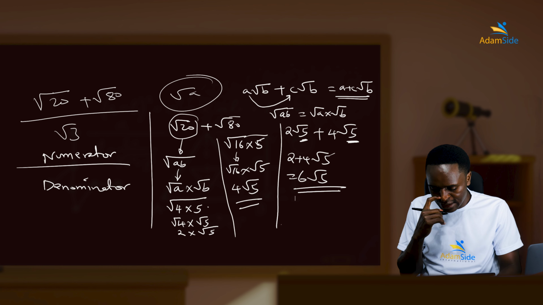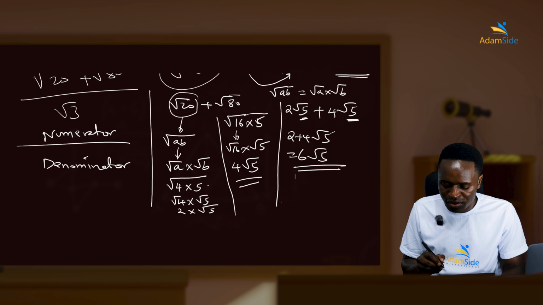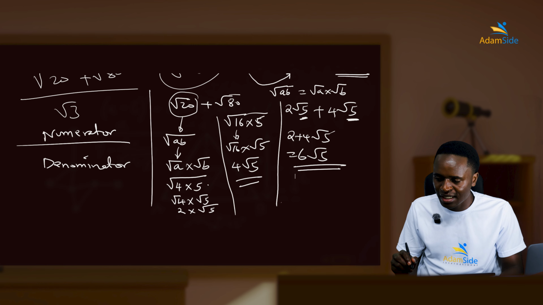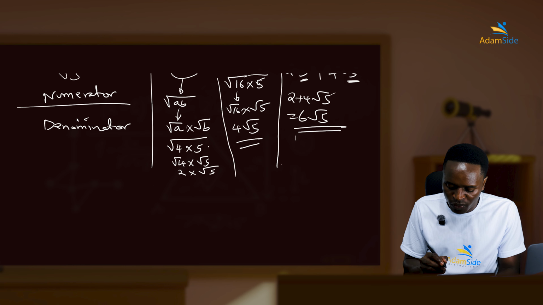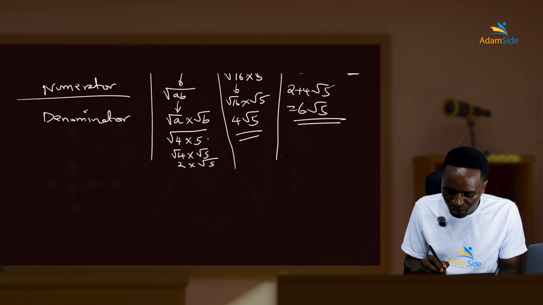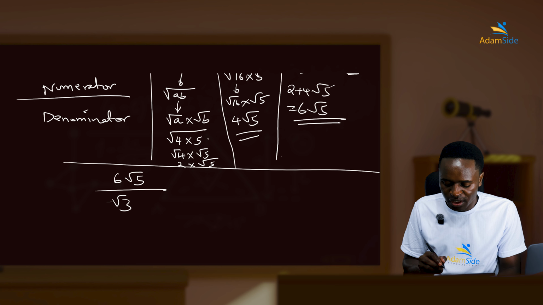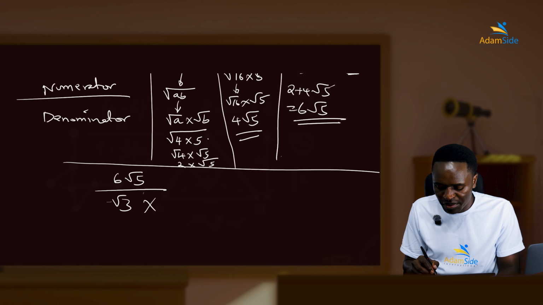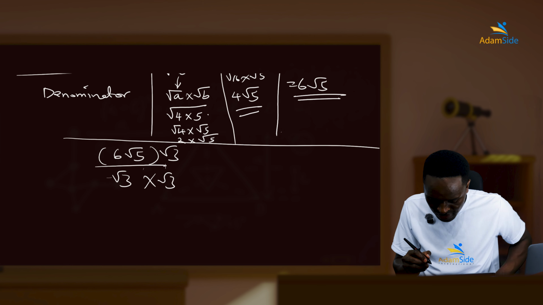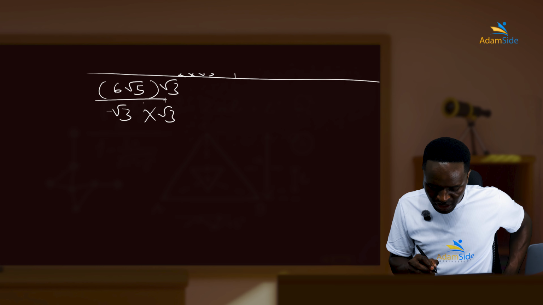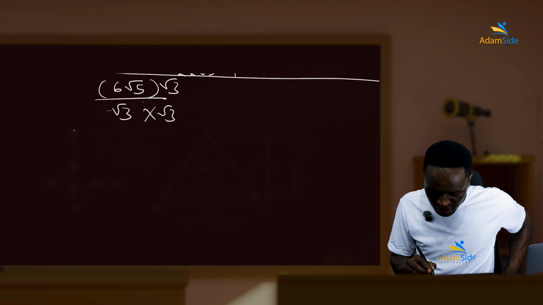Then we write it in the form of a over b, because now we have our numerator answer. So now 6 root 5 divided by root 3. Then rationalize: multiply by root 3 on the top and the bottom.